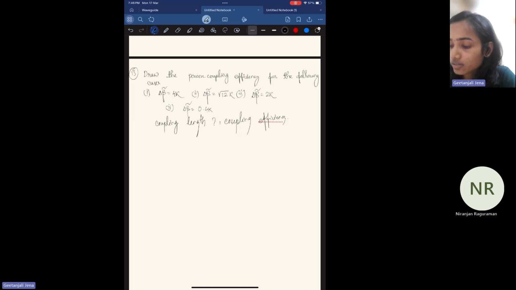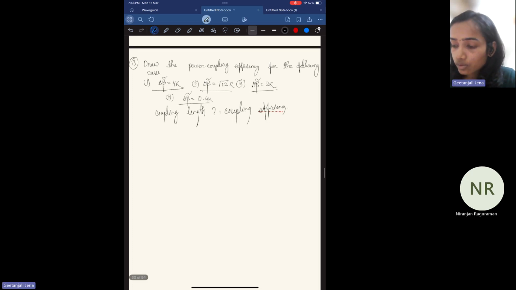If you see the options, the question says draw the power coupling efficiency for the following cases. For the first one, delta beta is 4K. Second one, it is root over of 12K. Third one, it is 2K. And in the fourth option, it is 0.4K. So it is gradually decreasing from 4K to 0.4K.